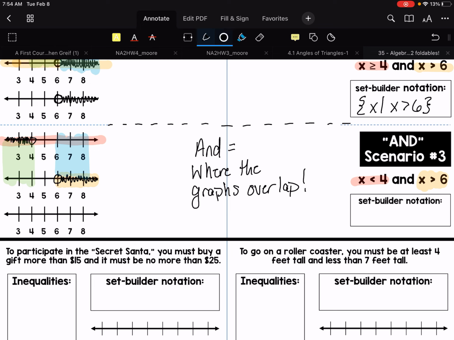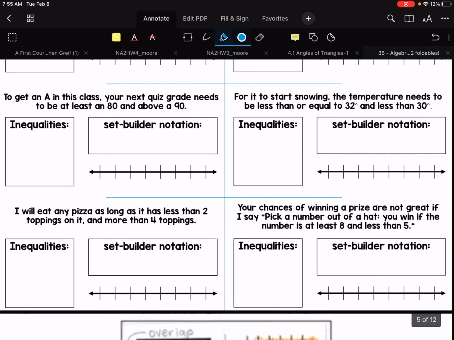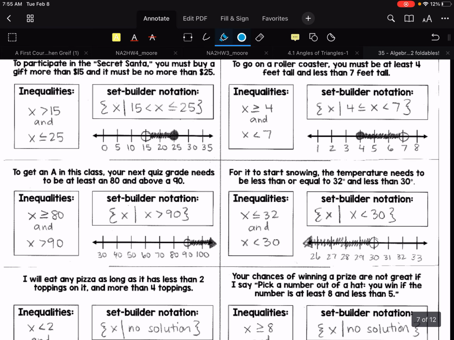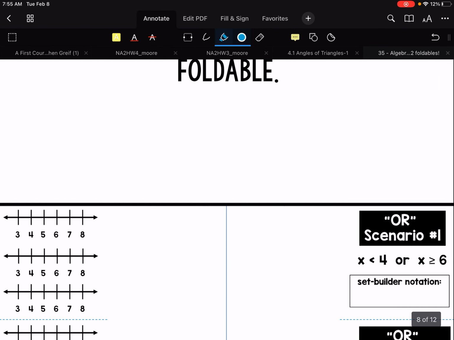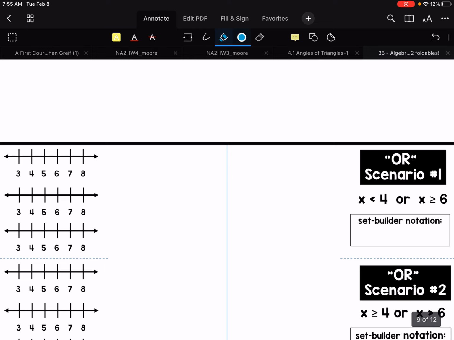So that means there's going to be no solution. So there is no solution for this particular problem. So, "and" means overlap. Important. Write that down someplace. "And" means overlap. The next one is our "or" scenarios.